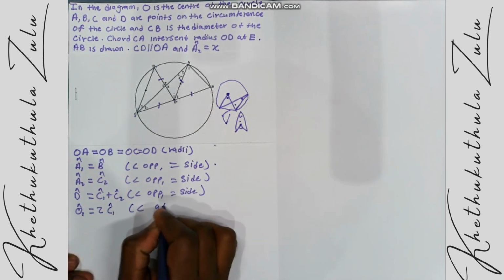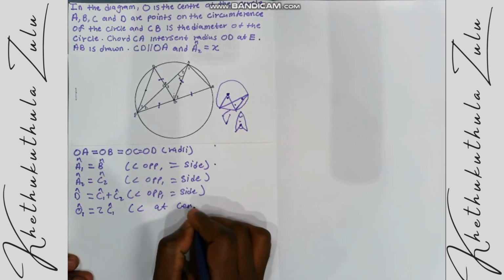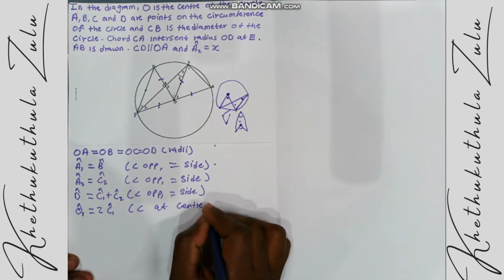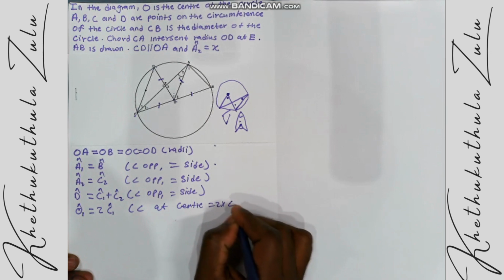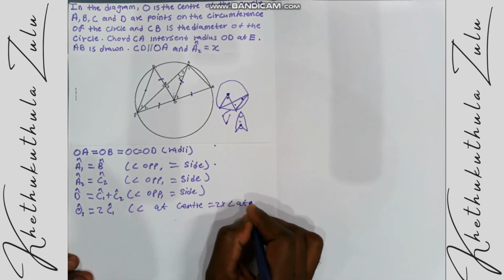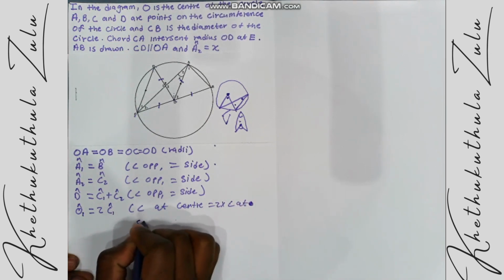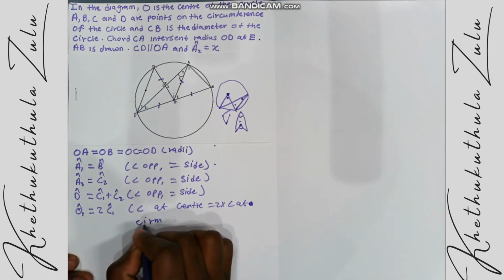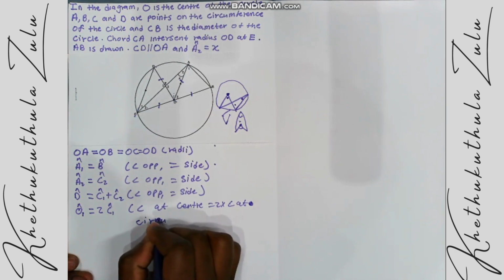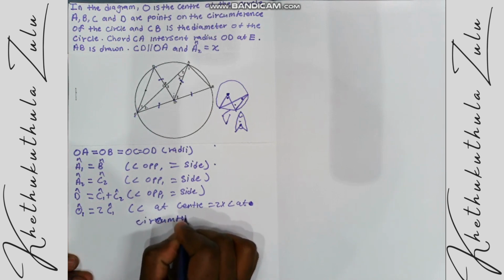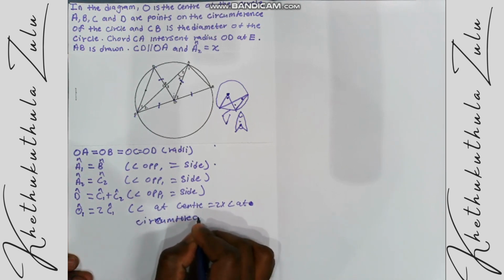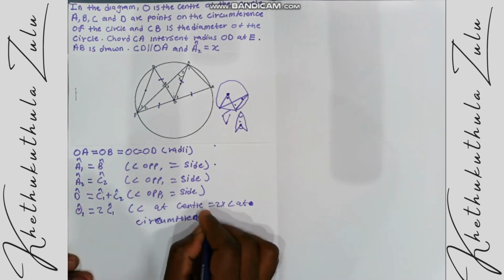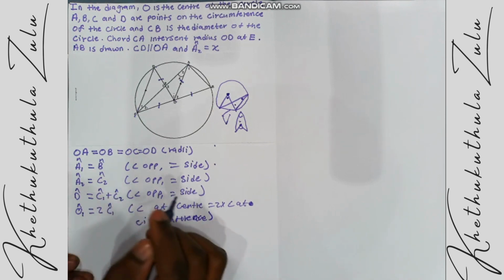Angle at the center is equal to 2 times the angle at the circumference.